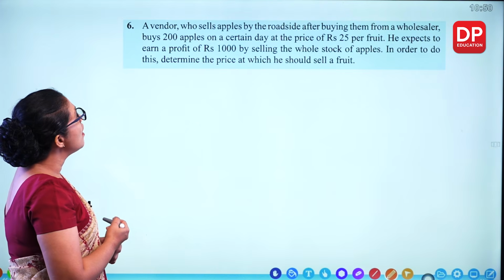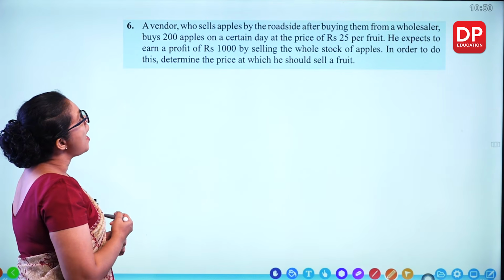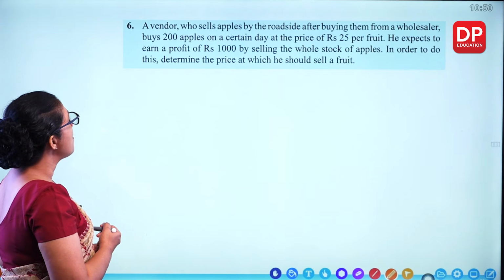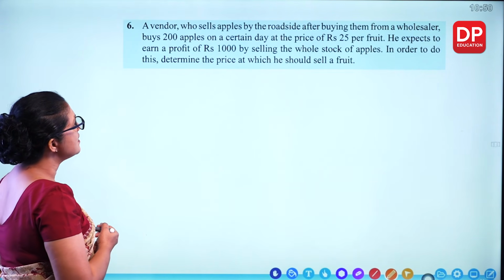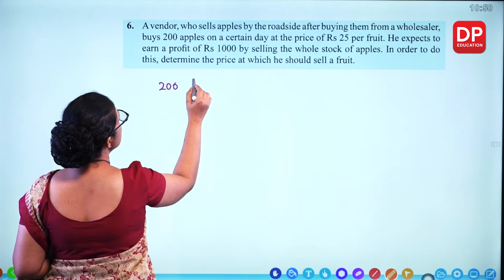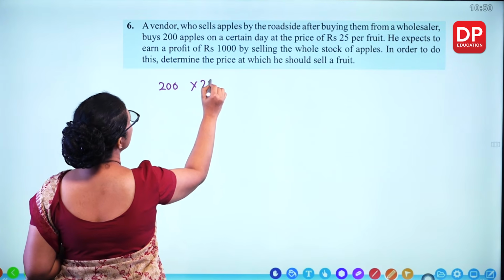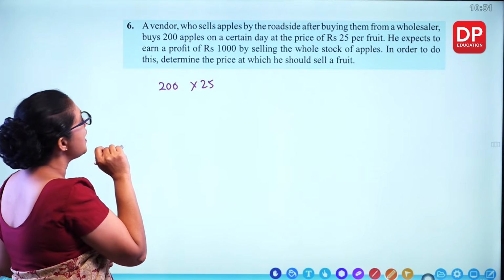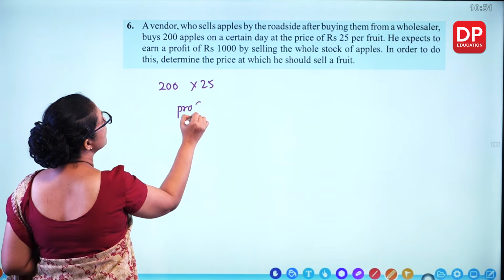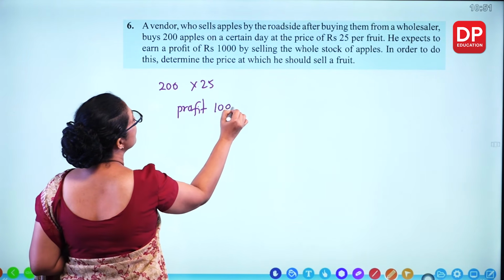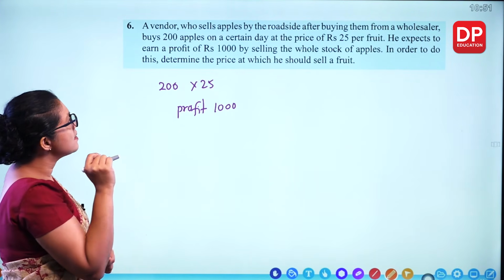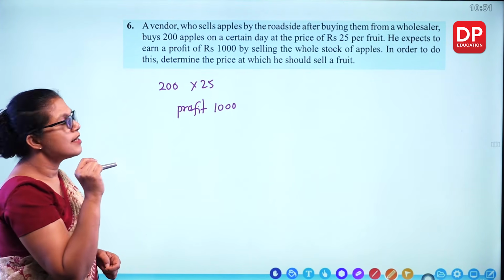Question number 6. A vendor who sells apples by the roadside after buying them from a wholesaler buys 200 apples on a certain day for 25 rupees each. He expects to earn a profit of 1,000 by selling the whole stock of apples. In order to do this, determine the price at which he should sell a fruit.